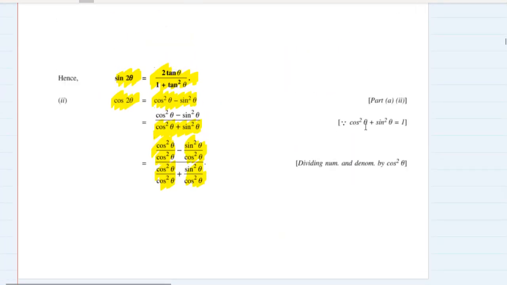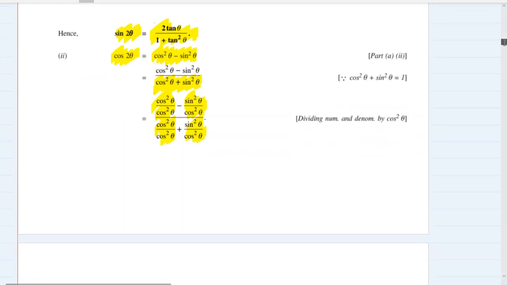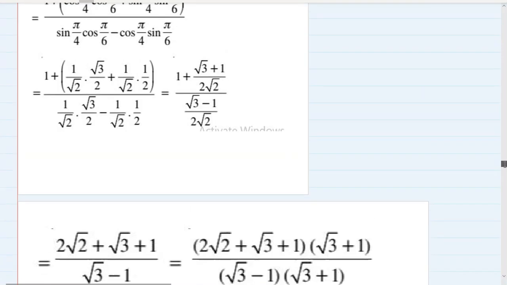Yes, this is the formula I'm talking about. Sine 2 theta is equal to 2 tan theta upon 1 plus tan square theta, the relationship between sine and tan. But we don't have a double angle, we have only theta in the place of 2 theta. So everywhere in the place of 2 theta I'm going to put theta by 2. Let me show you what I mean.